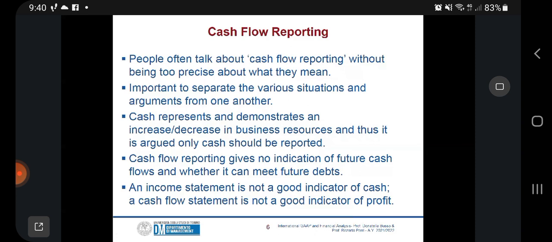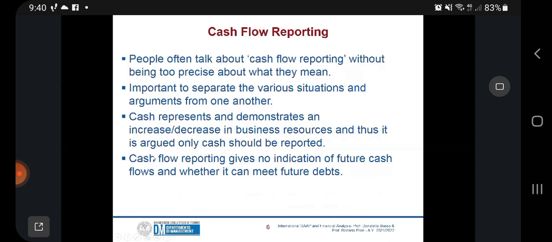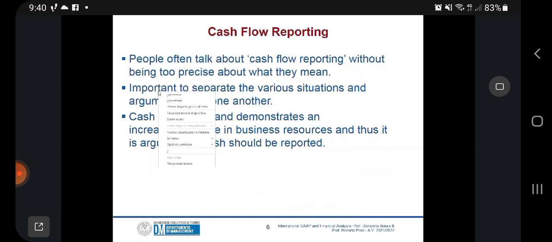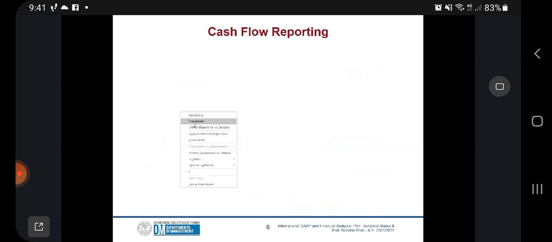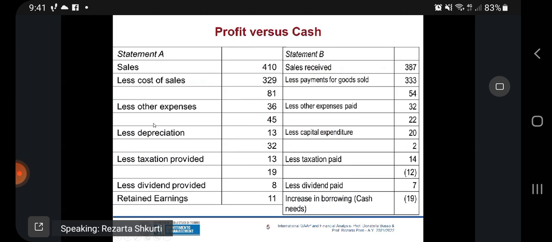Like you saw in the previous slide with the comparative statements over here, you can see that by reading both statements, you can understand the income or the result side of the story, and also you can know the back side of the story.